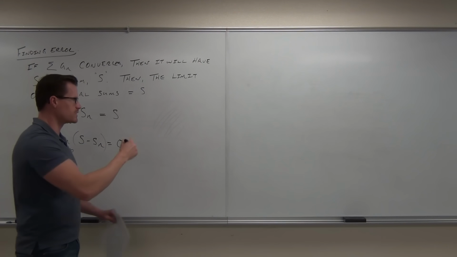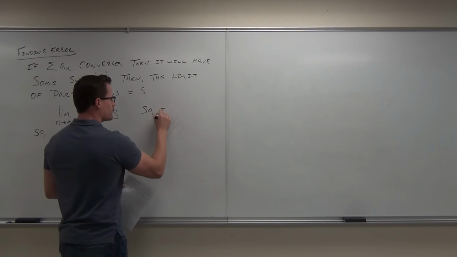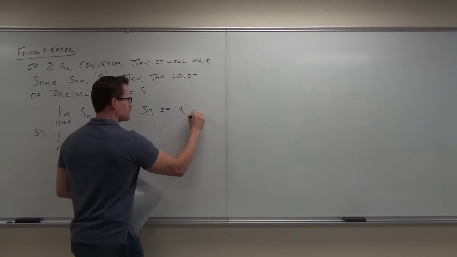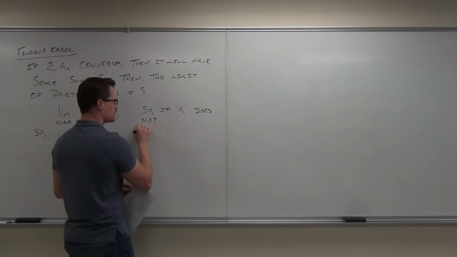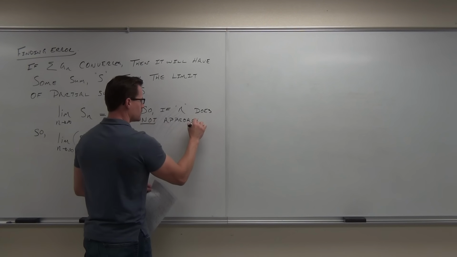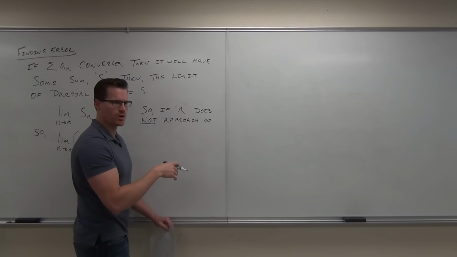I'm going to write this down so you're hopefully still with me. So, if n does not approach infinity, or in other words, it never makes it, okay? So if we stop somewhere along the way.